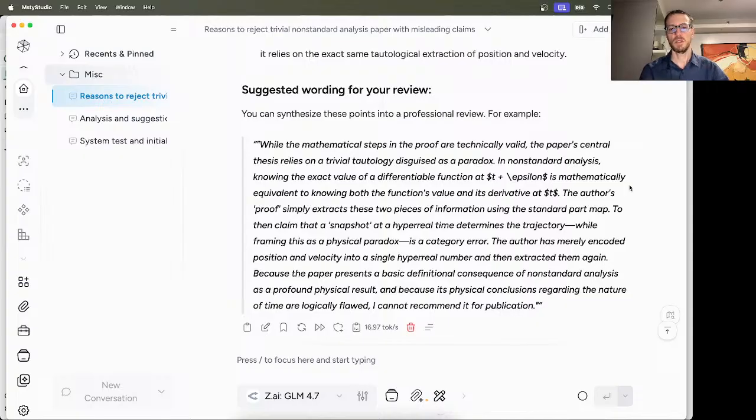The author has merely encoded position and velocity into a single hyperreal number and then extracted them again. Because the paper presents a basic definitional consequence of non-standard analysis as a profound physical result, and because its physical conclusions regarding the nature of time are logically flawed, I cannot recommend it for publication. Yeah, an interesting exercise.